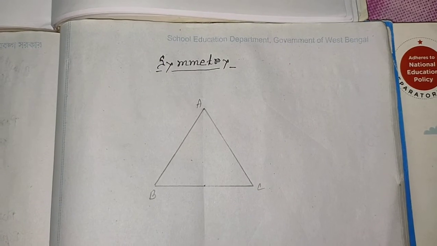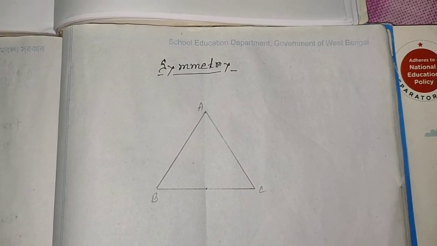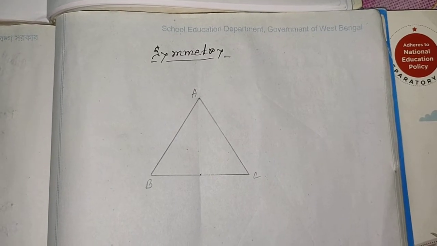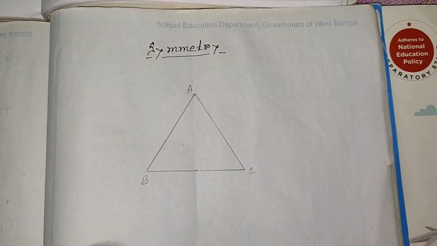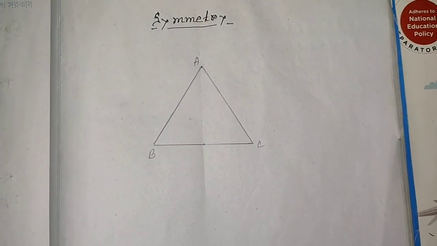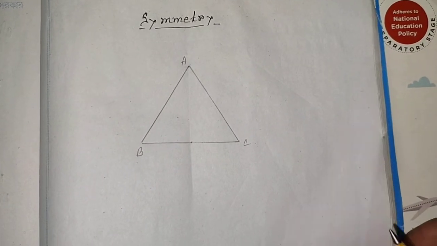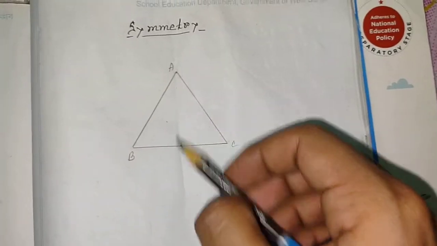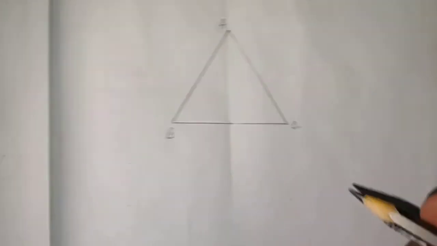Now, to identify a symmetrical object you need tracing paper, but here I do not have any tracing paper, so I fold this in my page. Okay, now I fold it along the middle and we get a crease in the paper.